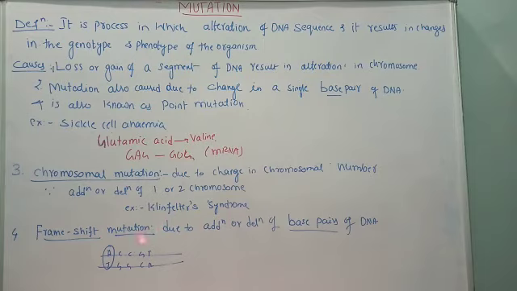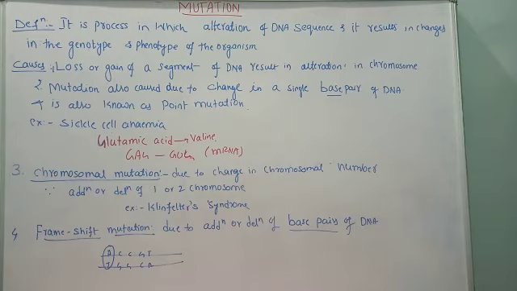Lastly, frame shift mutation is there. It is the last type, and the most important type. Already we have discussed it in the molecular basis, but still we are going to discuss what a frame shift mutation is and why it is caused. This is caused due to the addition or deletion of base pairs.